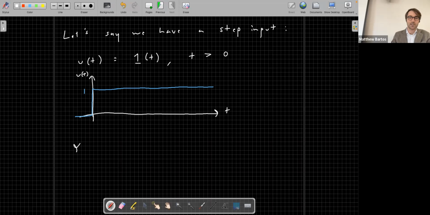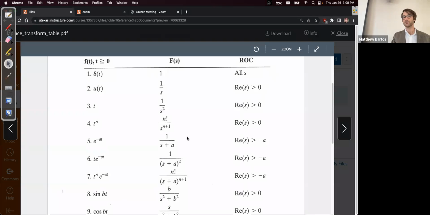We know that our system is of the form Y(s) is equal to 1 over RC over (s plus 1 over RC) times U(s). What is our step input in the frequency domain? Let's take a look here. Note that they express it here as u(t). So this is the step input or Heaviside function. And it corresponds to 1 over s in the frequency domain.